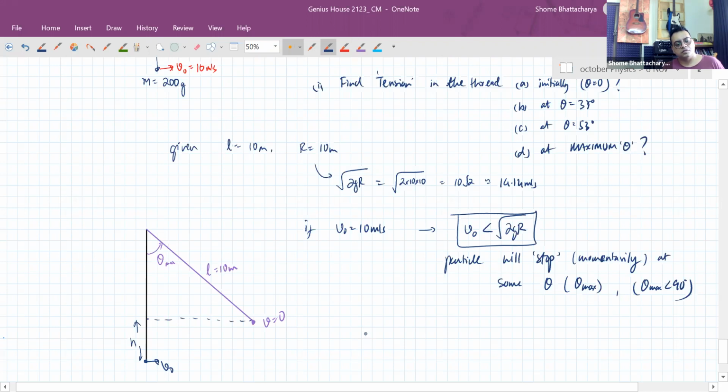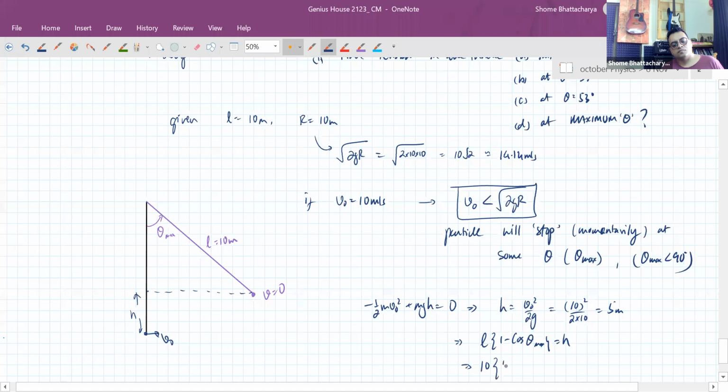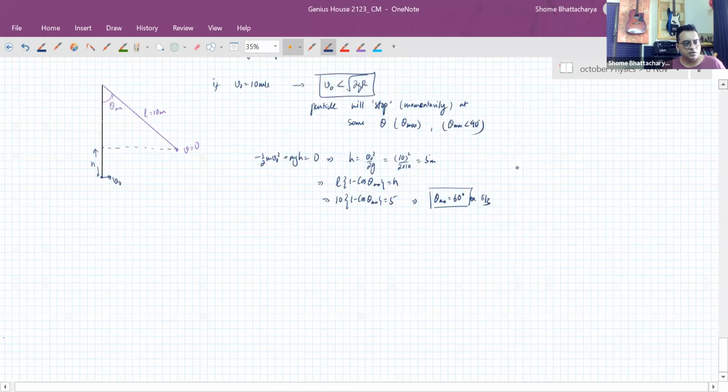So you can see that, so this is the first thing that we get, that it goes to a maximum angular displacement from its initial position.